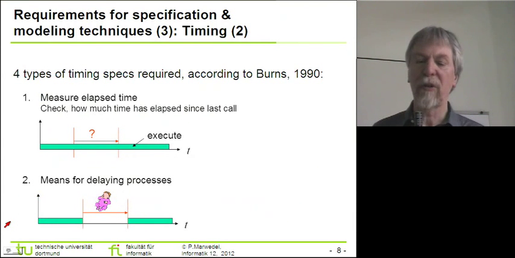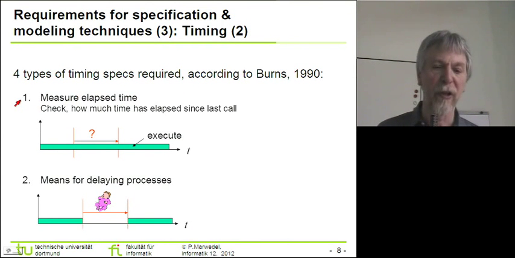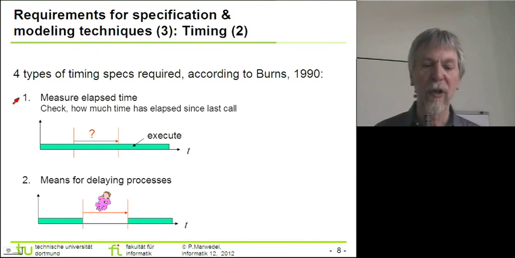If we would like to look a little closer there, one question might be, what do we want to use timing models for? And in this case, I'm referring to Alan Burns for an answer. Burns wrote back in 1990 that we need timing specifications for 4 different purposes. First of all, we would like to measure elapsed time.